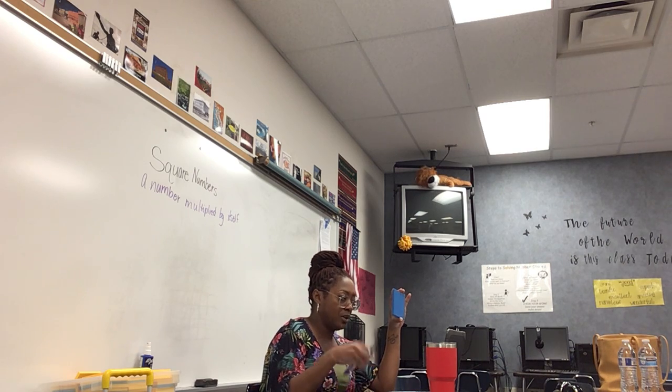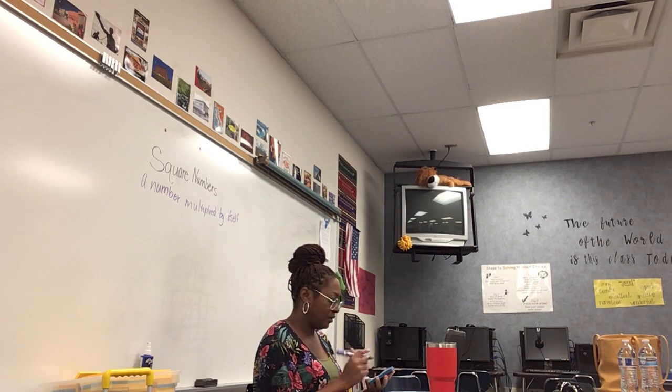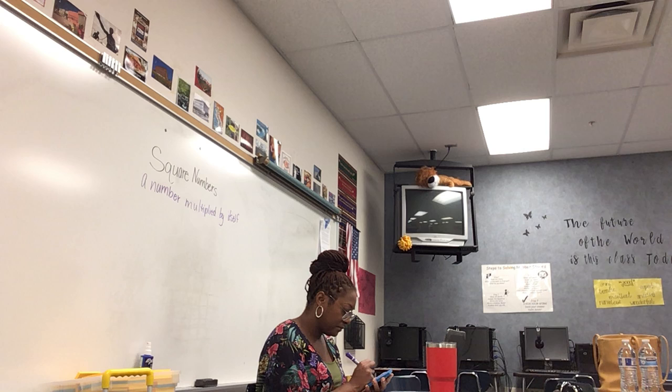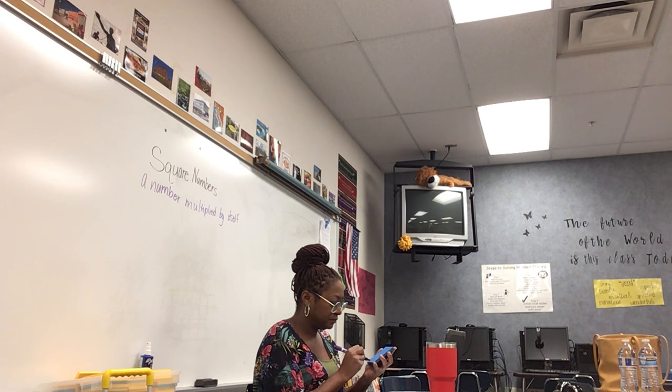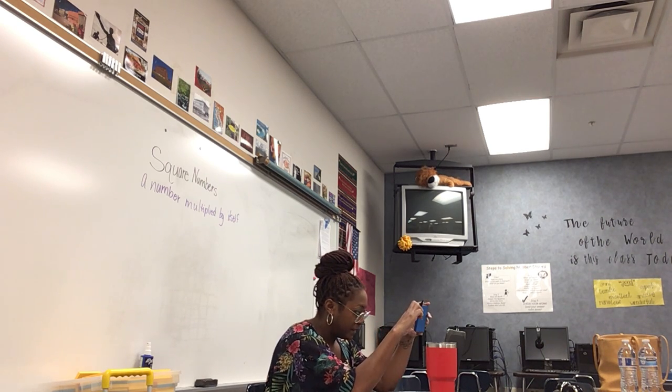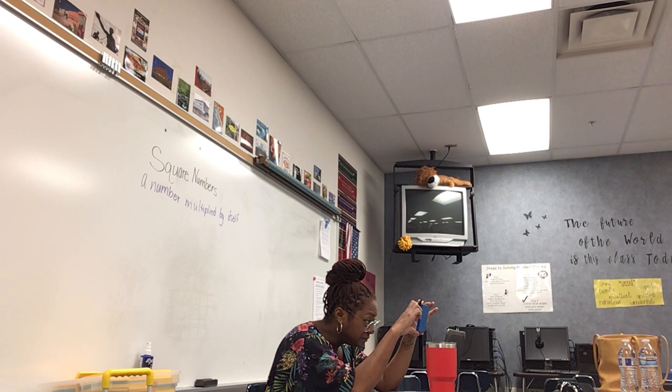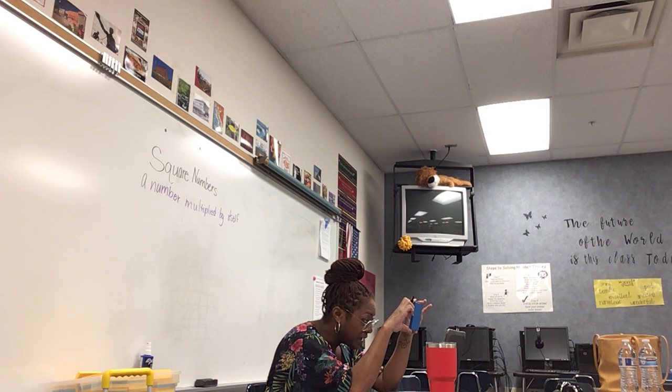I'm going to use this marker and I'm going to draw on it. Can you see my dots? Okay. I want you to look at this and tell me what will be the square number.